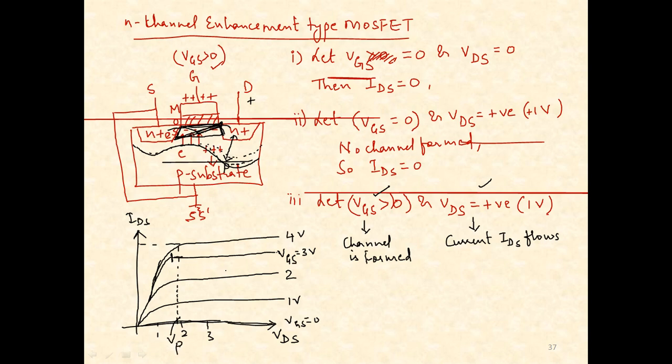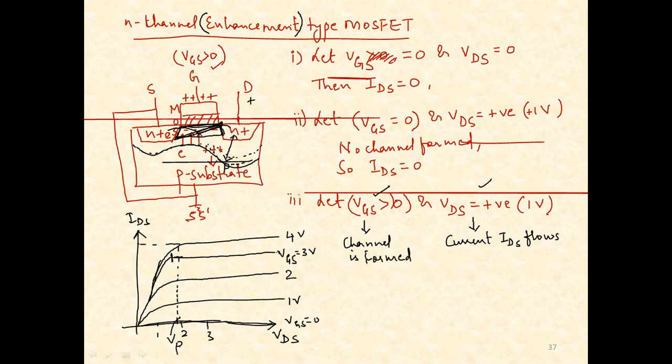I hope the working of the enhancement type MOSFET is clear to you. Now, just to focus on the word enhancement, why are we using the word enhancement? In the case of depletion type MOSFET, as VGS was increasing, the strength of the channel was reducing, which means the channel was getting depleted of electrons.